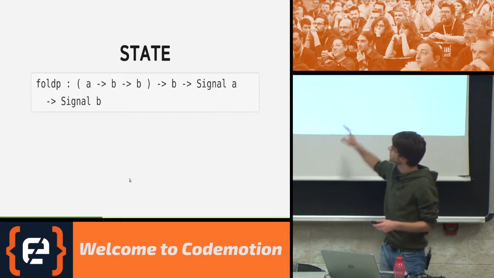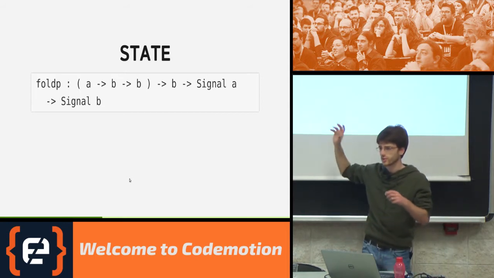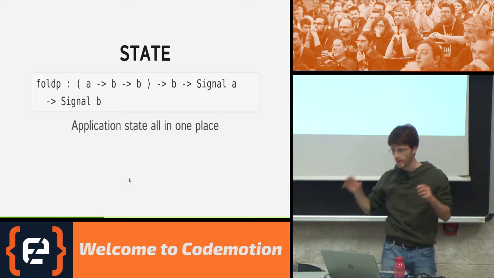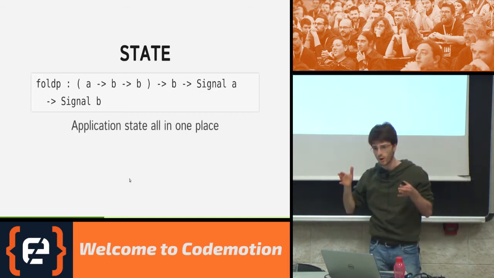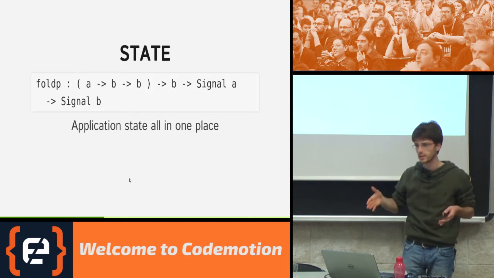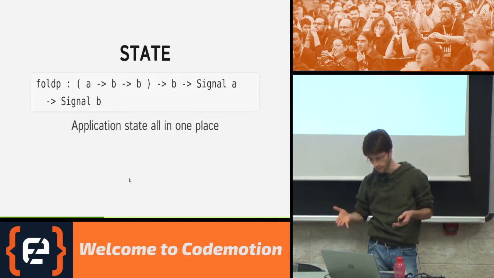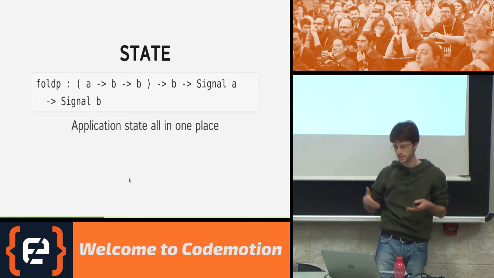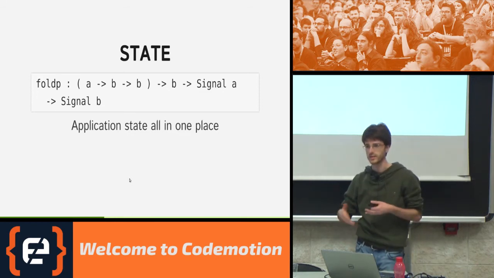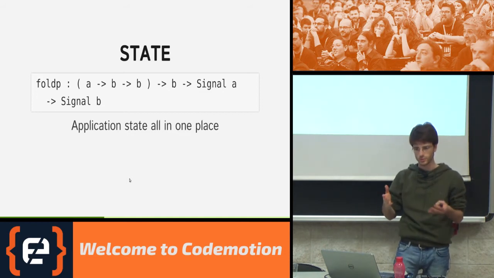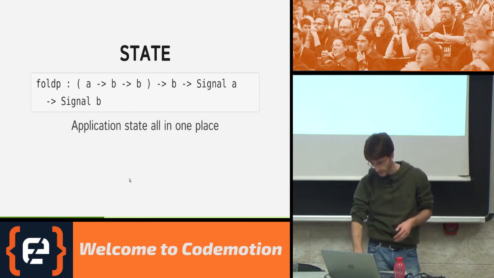The important thing is not to understand deeply how this function works, but that in Elm, application state lives all in one big foldp. This is really helpful because it ensures consistency inside the application. It's actually the same idea that you have in Flux, for example, or Redux.